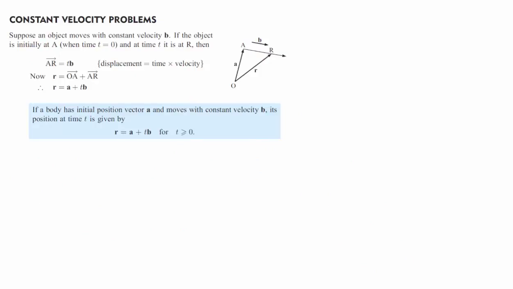The next is constant velocity problems. So this means that we have an object that's moving at a constant velocity, so it's not changing at all. We have where the object is initially starting, and we can write that in an equation form. So really what we're doing is we're just looking at displacement equals time times velocity, which is similar to your distance equals speed times time.